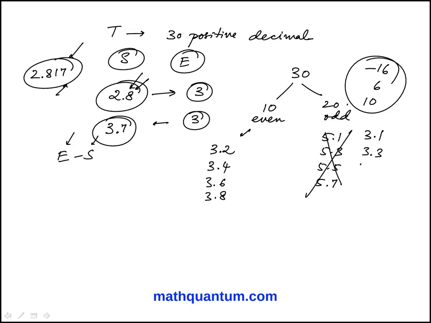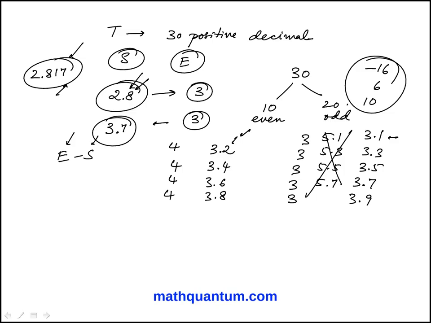Actually, it doesn't matter. And then we have 3.9. In the case where we have evens, these are going to become 4, rounding up, 4, 4, 4. And these odd ones would be rounded down. So those would be 3, 3. They're all going to be 3.